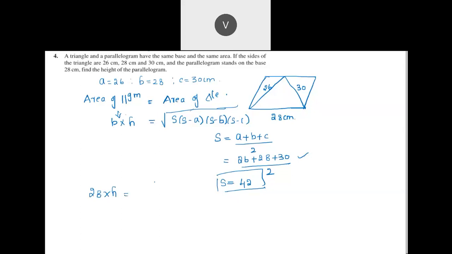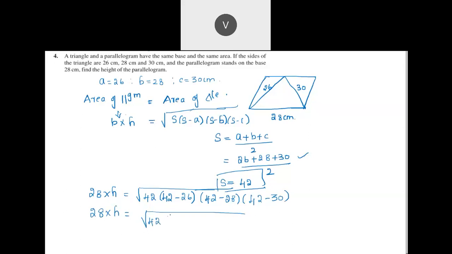So let it be h itself. And square root of s, which is 42, into 42 minus a value 26, into 42 minus b value 28, into 42 minus c value 30. So 28 into h is equal to square root of 42 into, what is 42 minus 26? 16.